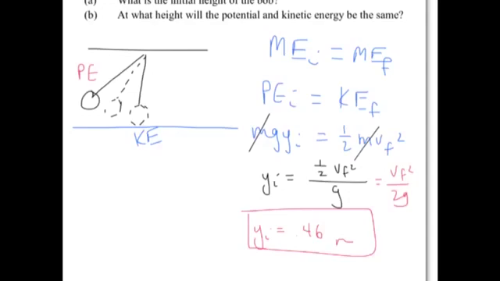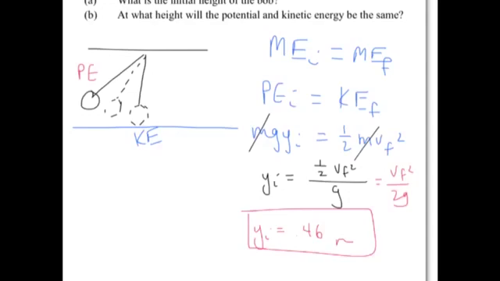If I asked you, you have a dollar, what's half of a dollar? 50 cents. If you take a dollar and divide it by 2, what do you get? So if I put this 1/2 here, or if I divide by 2, it's the exact same thing. I was just showing it. So we get a height of 0.46 meters. That's the initial height of this pendulum.